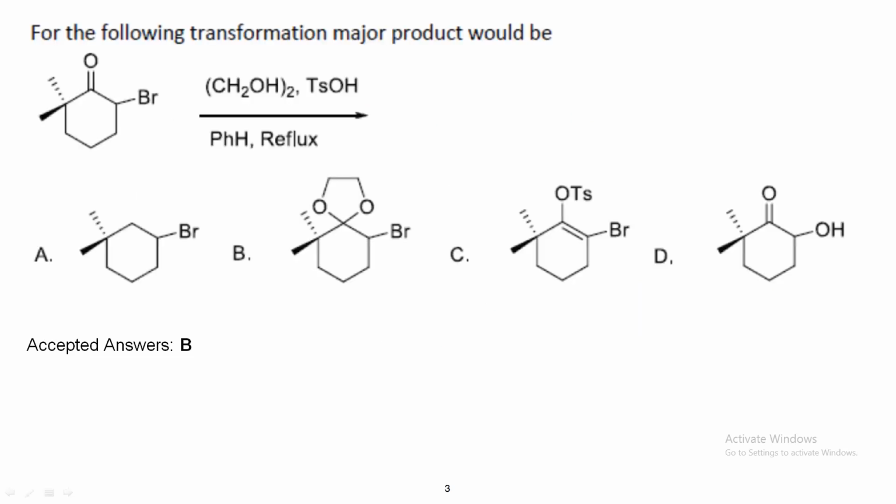Now the next problem is quite easy. With this TsOH and this particular protecting group, you can just consider the protection group chemistry. At first this happens, followed by this particular attack. This would lead to this compound.